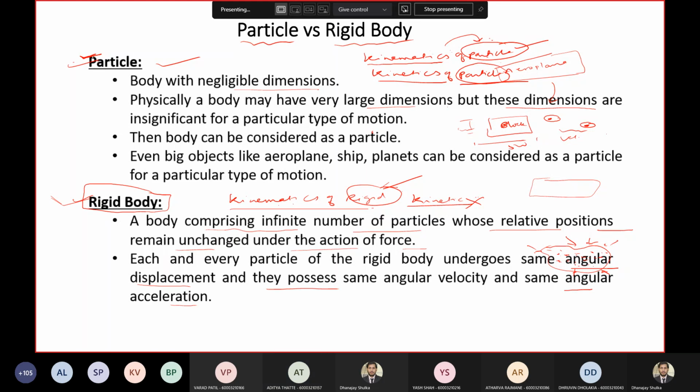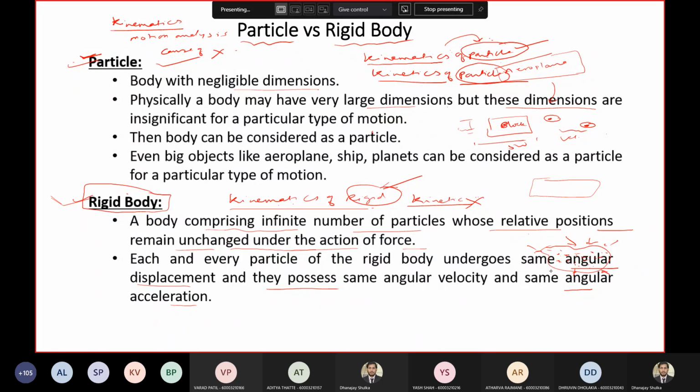So what is kinematics of rigid body? We know what kinematics means. In kinematics only motion parameters will come, motion analysis without the cause of motion. The cause of motion, that is forces, will be neglected here. We are not going to consider force. And rigid body means we are going to consider the size and shape of the body, and that body has to be rigid. That means the relative positions of all the particles from which it is made up are the same, or the change is negligible.